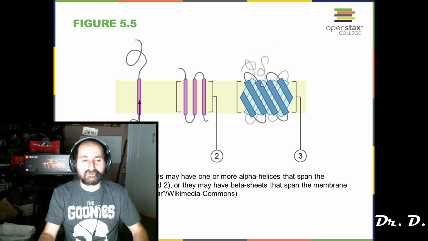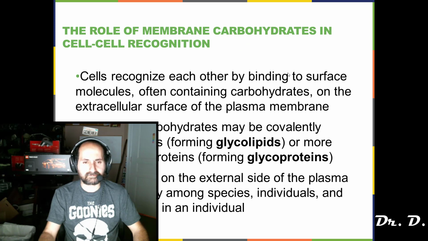Don't let this confuse you. This is a slide just showing you that these transmembrane proteins are diverse. They can span from very simple to highly complex structures, and from very small proteins to very large complex proteins.